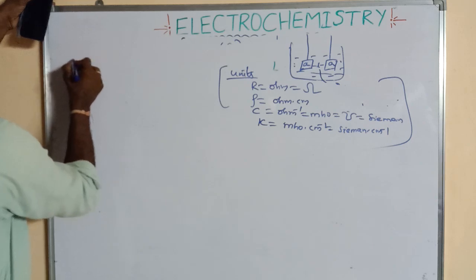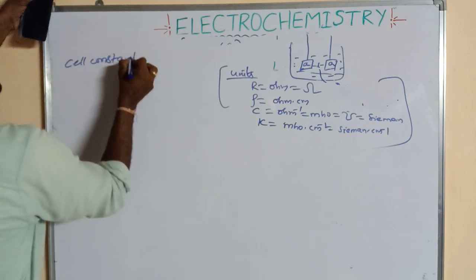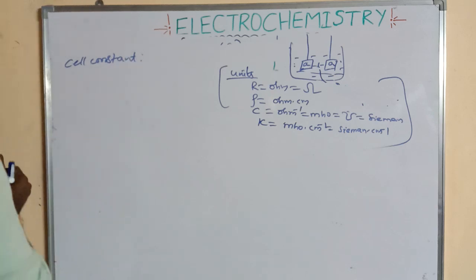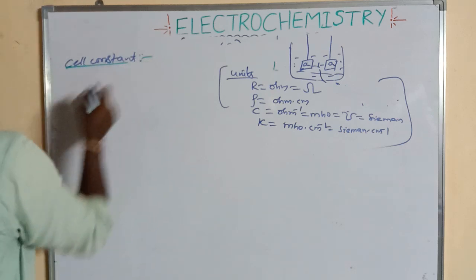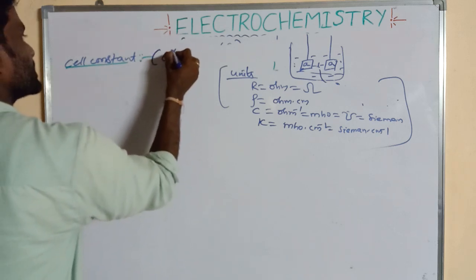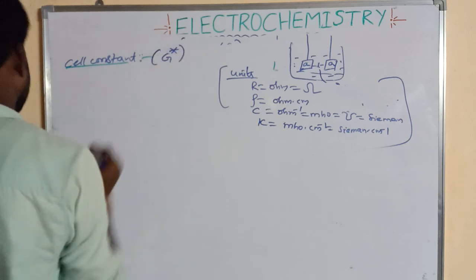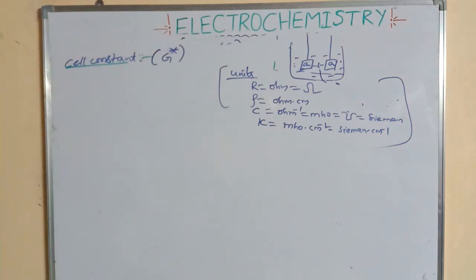Now the cell constant is represented by G star.